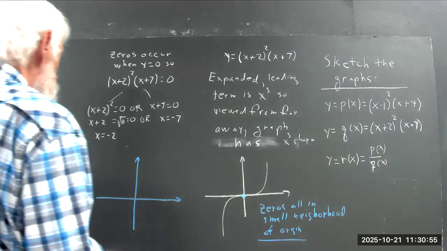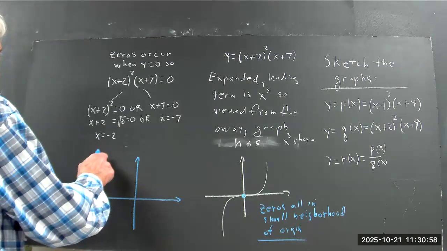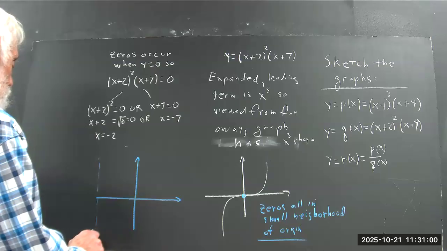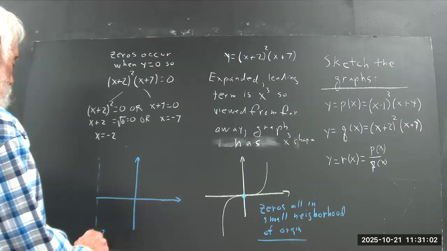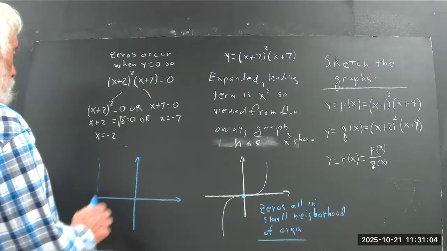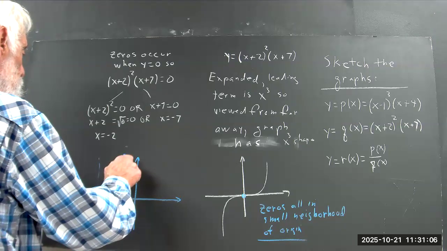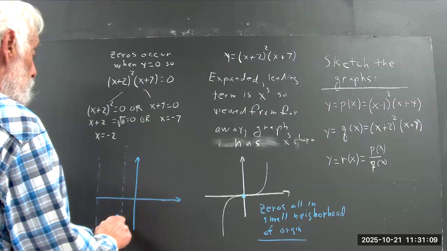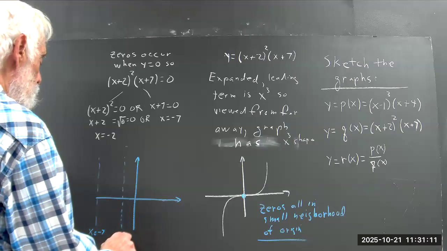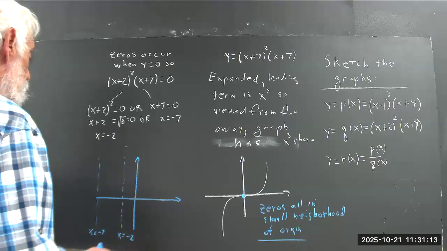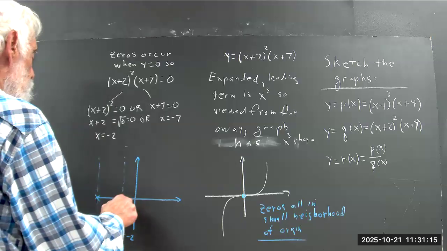All right. So anyhow, we're going to let x equals -7, let's say here, and x equals -2 here. So now we have these 2 points.